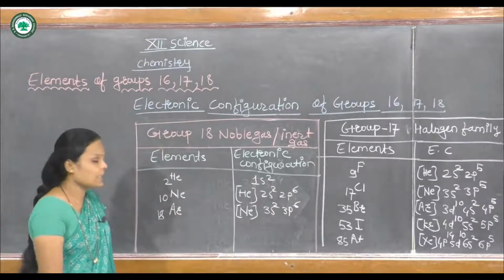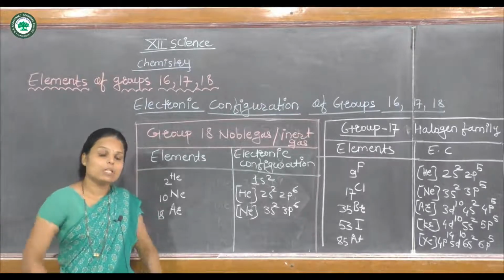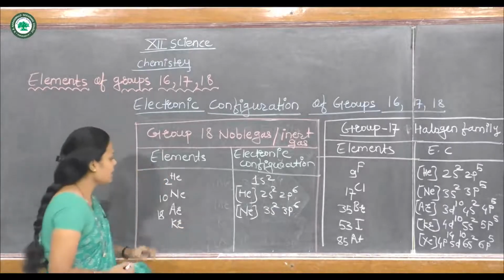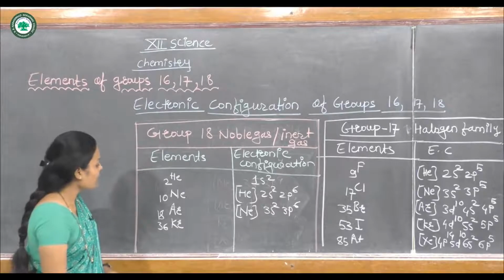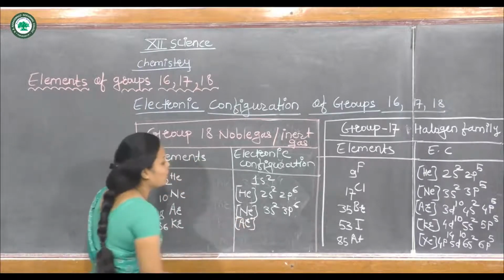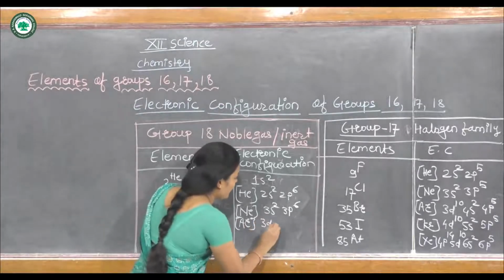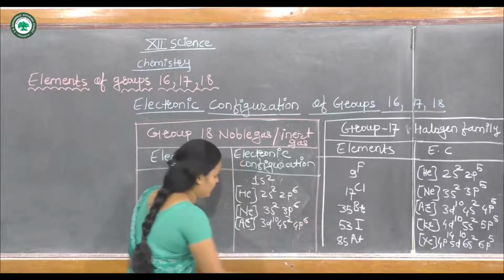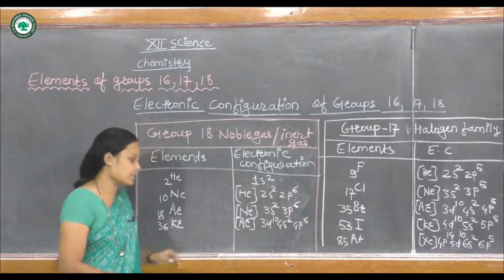The next element is krypton, Kr. Its atomic number is 36, and it is represented by argon, followed by 3d10, 4s2 and 4p6.